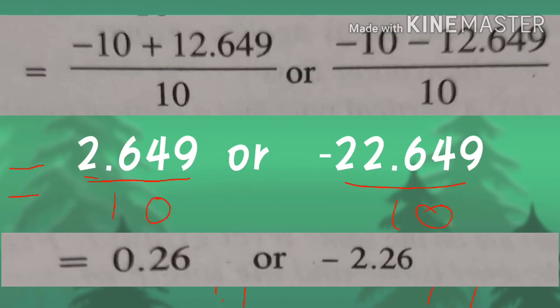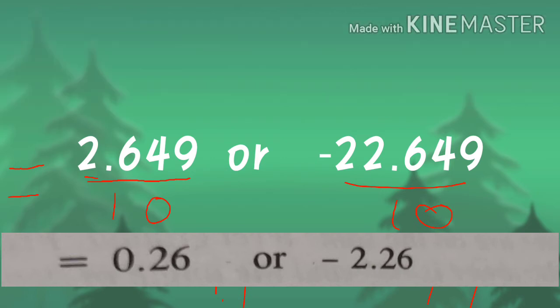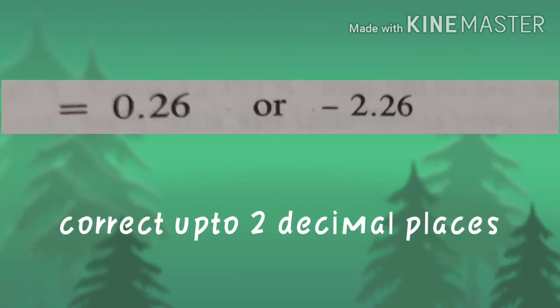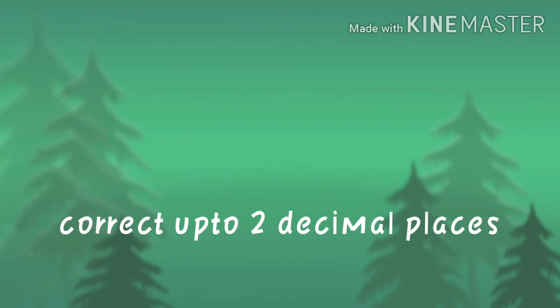This is equal to 2.649 by 10 or minus 22.649 whole divided by 10, which is equal to 0.2649 or minus 2.2649, which is 0.26 or minus 2.26 if the results are expressed correct up to 2 decimal places.